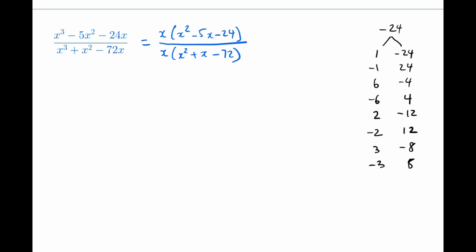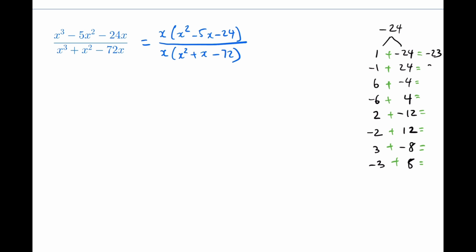The key is to find a pair such that when you add them together, the sum comes out to negative 5. That's what this middle term is. So let's add them all together. The first pair comes out to negative 23, so that's not the correct answer.